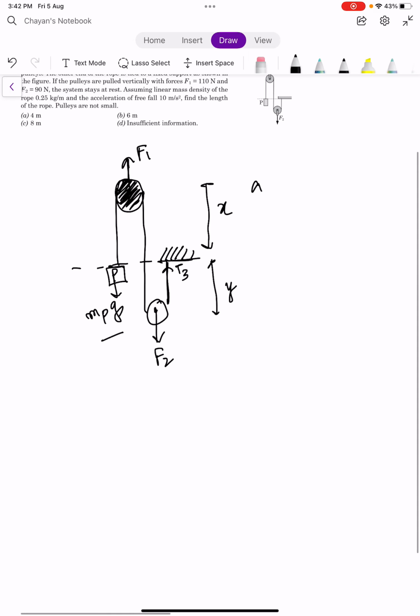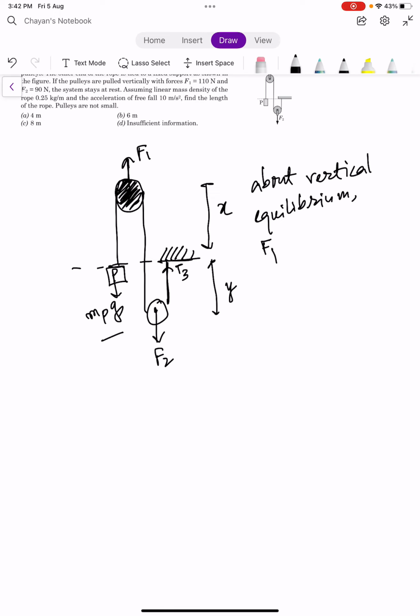So about vertical equilibrium, we can say F1 plus T3 equals MP into G plus F2 plus lambda into this part of the length of the rope.